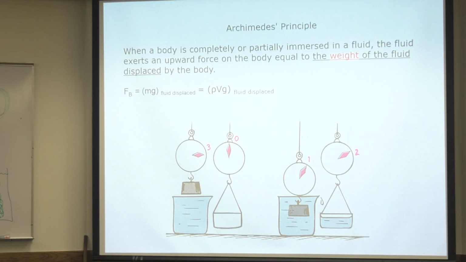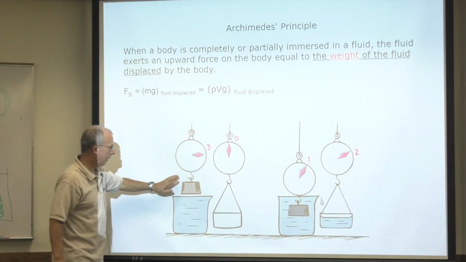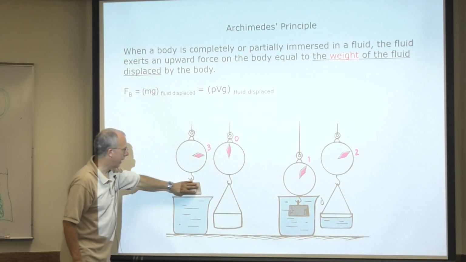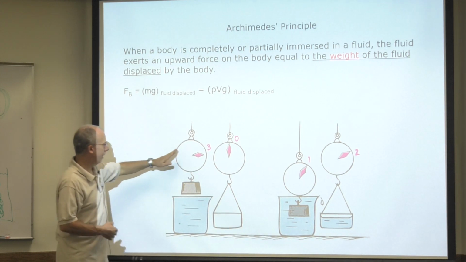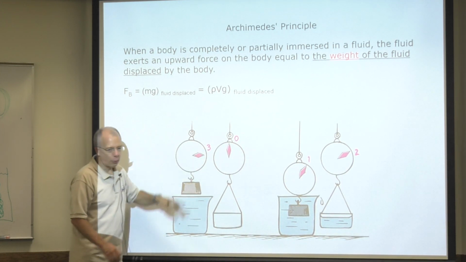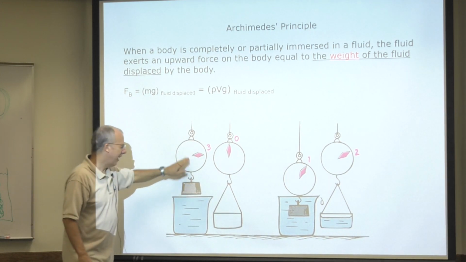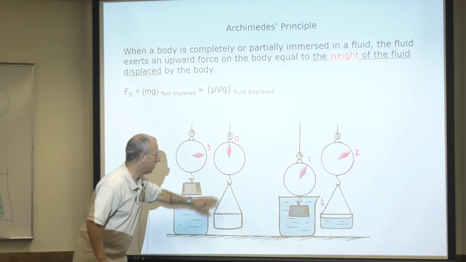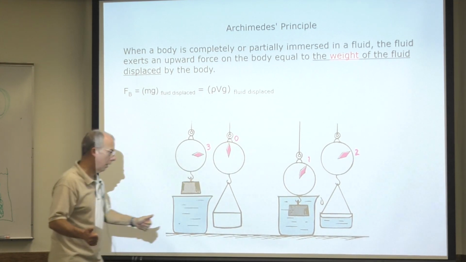All right, so here again, this is just the same thing I just said. Here we have some kind of an object, and this is the weight, 3 whatevers, okay? And here this is empty, so it has a weight of 0.